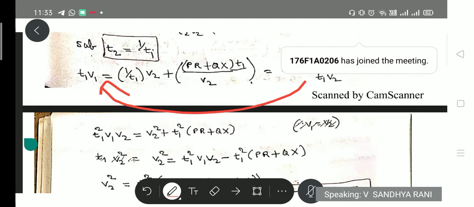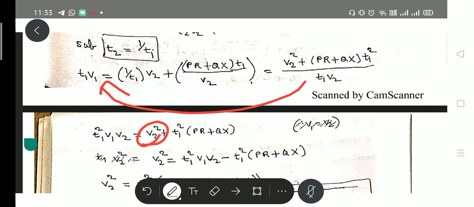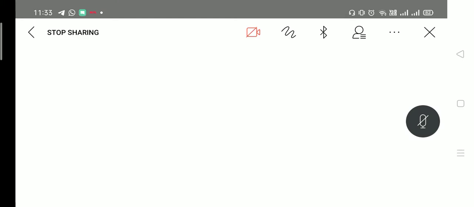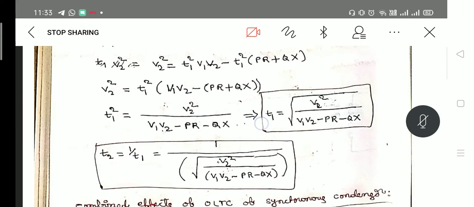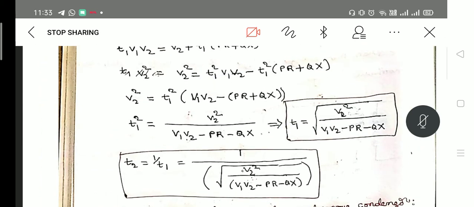Taking T1 square common, V2 square is equal to T1 square into V1 V2 minus PR minus QX. From this, T1 square is equal to V2 square by V1 V2 minus PR minus QX. From this, T1 is equal to the square root of V2 square by V1 V2 minus PR minus QX.